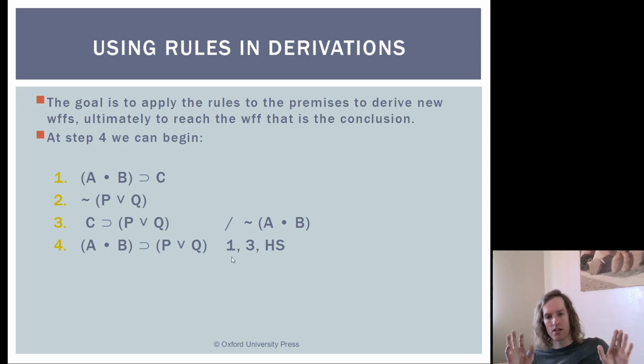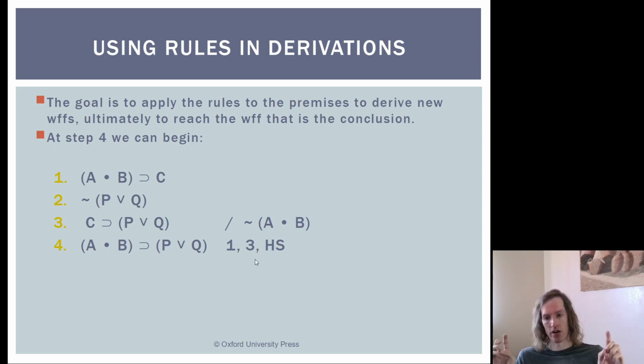One of the easiest ways to make a mistake when doing a proof is to write down the wrong lines or the wrong rule that you used to get to the new premise from the old premises. It's extremely important that you be very careful about showing exactly what lines you're using and what rule you're using.